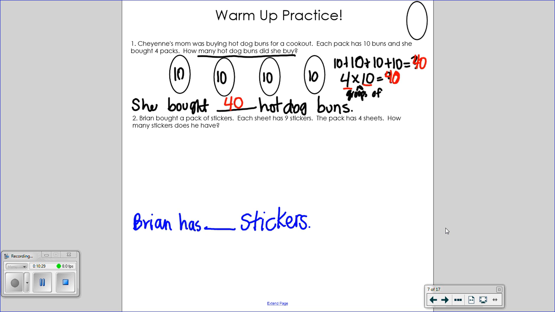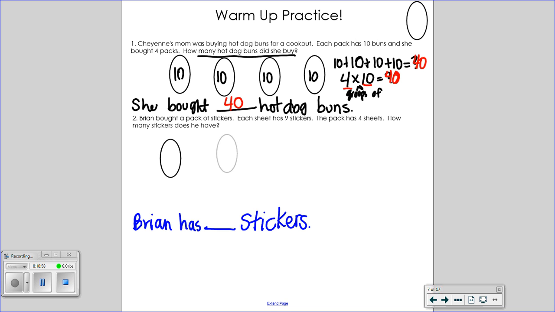Does it say groups anywhere in my problem? No. So what in my problem are the groups? Natalie? Not the packs. It's tricky. Georgina? The sheets. You only bought one pack, but there's multiple sheets. How many sheets did he buy, Georgina? 4. Go ahead and draw your 4 groups.